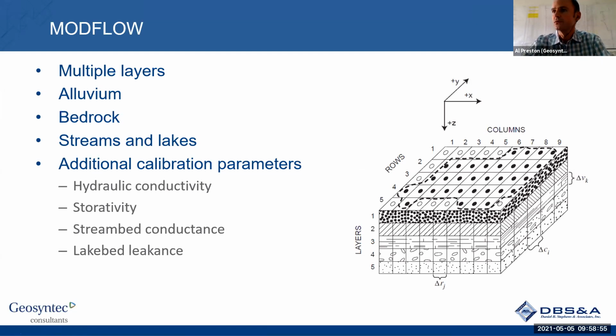This model also needs additional calibration parameters, notably the hydraulic conductivity and storativity for each of the different zones, and information on conductance and leakance from streams and lakes. So again, there's another set of parameters for the MODFLOW model that must also be calibrated. We're not going to talk about the calibration in this webinar, but the third webinar is when we're going to talk about the model calibration.